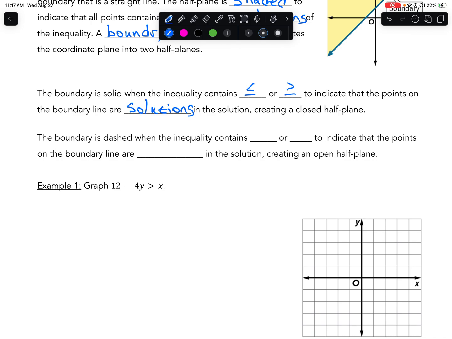So they're solutions on the line as well as the shaded part, creating a closed half plane. The boundary is dashed when the inequality is either less than or greater than, to indicate points on the boundary line are not in the solution.